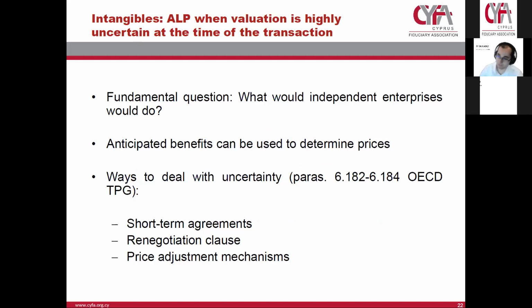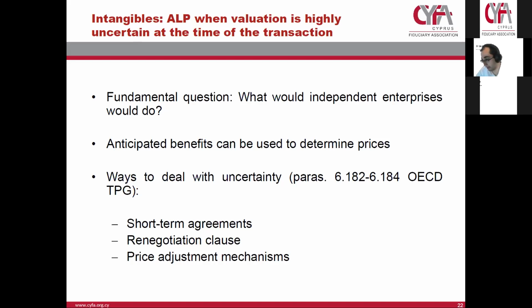And that means that we look at the situation at the time the intangibles are transferred. And we will look at, as per the guidance of the OECD, the options realistically available to both parties. So we will look at the alternatives to the buyer or seller and determine the conditions of the transaction.